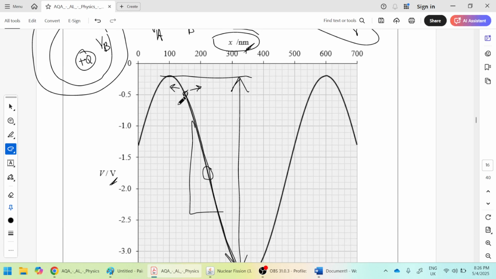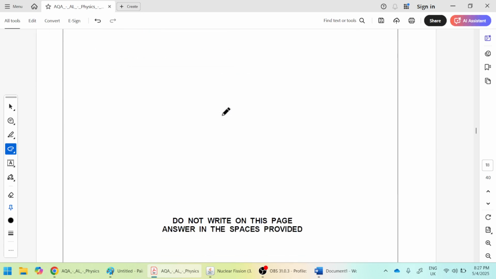Or what if we think in terms of the electric field strength? Because the electric field strength is the gradient here. Oh yeah, the electric field strength is a gradient, and the gradient is negative, isn't it? So gradient is negative means electric field strength is having a negative charge. But still that doesn't say anything. So I'm going to skip this one for now and think about it.